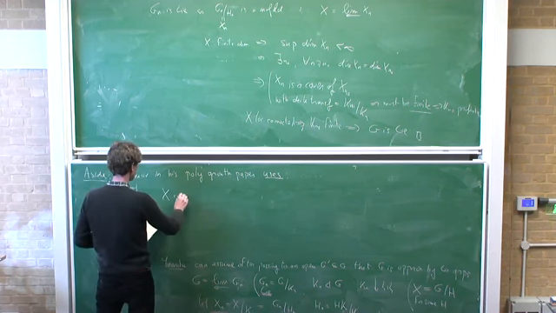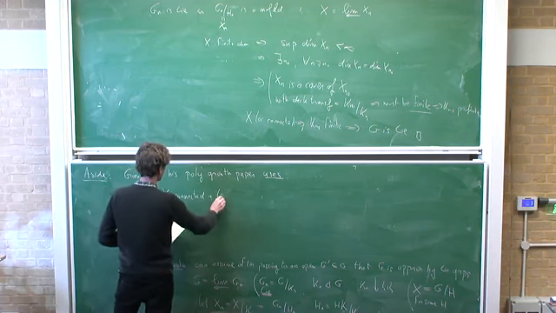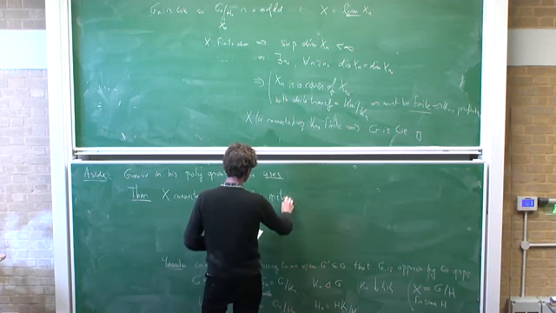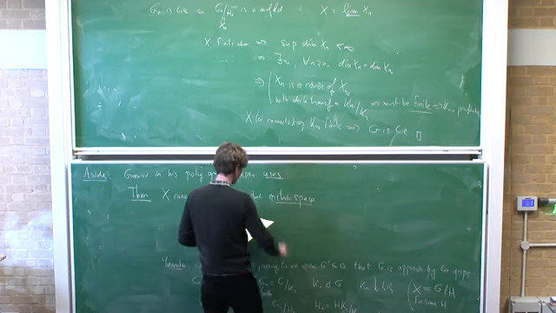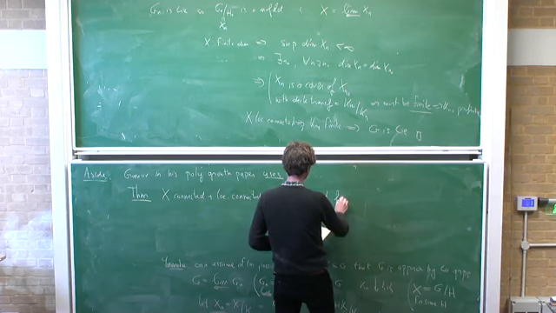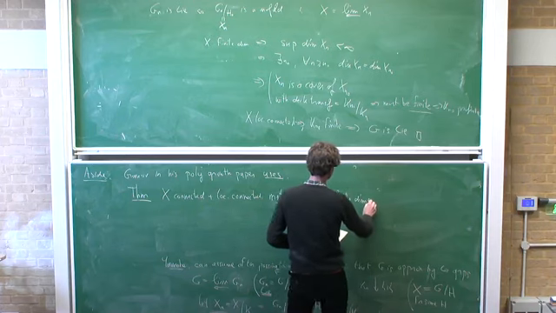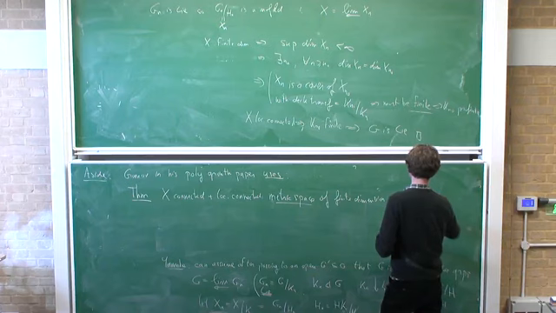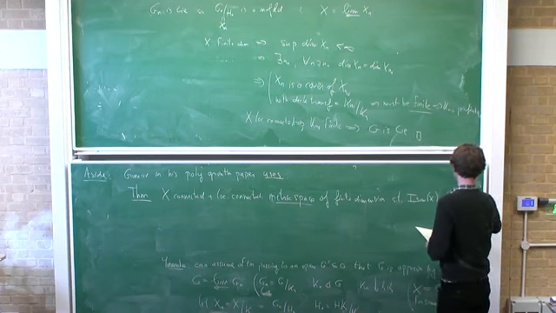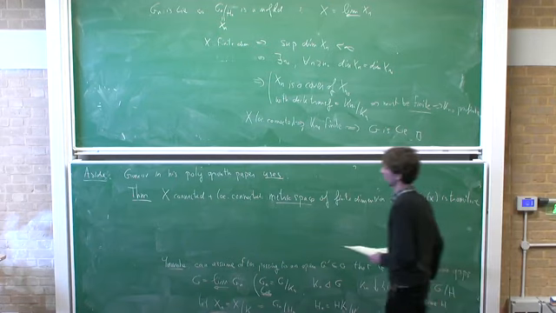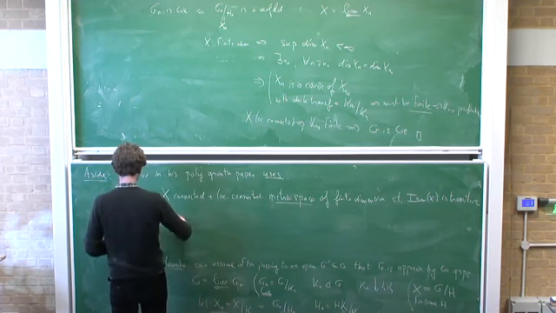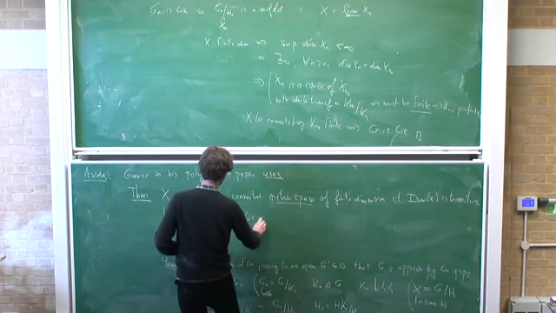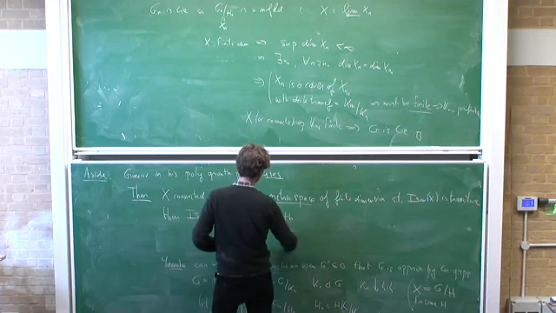If X is connected plus locally connected, a metric space, so this time it's a metric space of finite dimension, with the property that the isometry group is transitive, then the isometry group is a Lie group with a finite number of connected components.